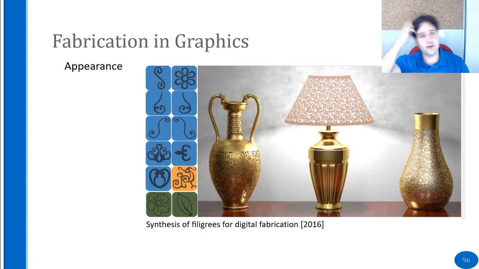But when I talk about appearance, I don't only talk about the behavior of light. I also talk about aesthetics and things like texture synthesis. This is something that the graphics and geometry communities are good at. Here's an example where a set of exemplars are combined to make a shape that on one hand is aesthetic, using these exemplars, but on the other hand the process makes sure that the printed part is stable and printable.